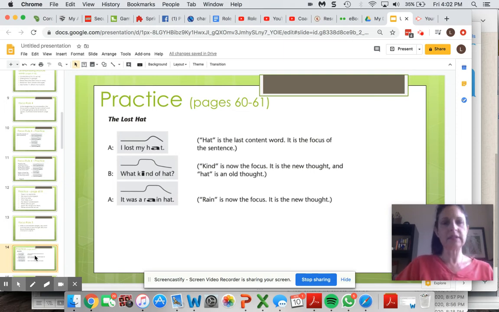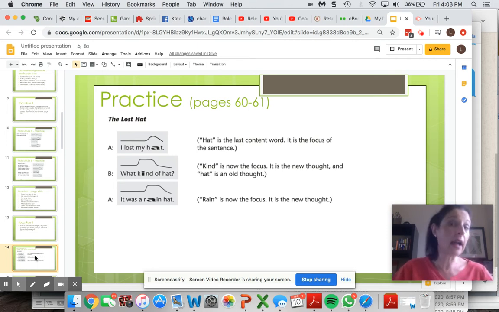So let's listen to this, because you're going to see how the focus word moves around in a conversation. So, I lost my hat is the first line. I lost my hat. Hat is the content word. It's the last word in the sentence. It's the focus word. And it's the word that I stress with pitch change and a long, clear vowel. I lost my hat.